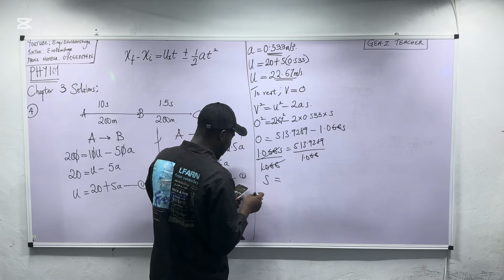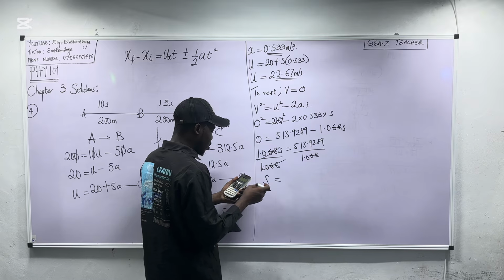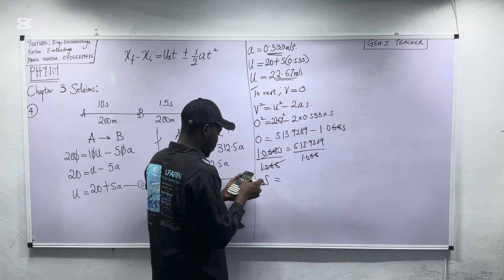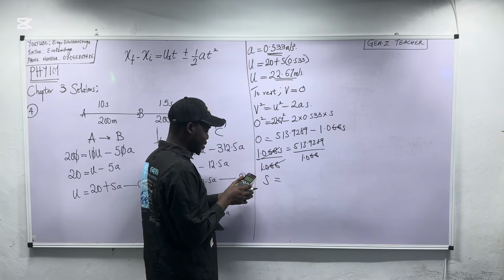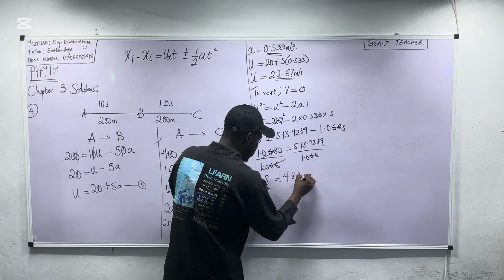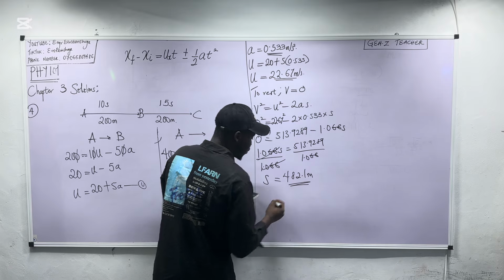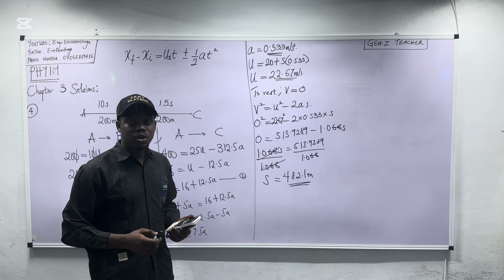The total distance traveled should become 513.9289 divided by 1.066, which is 482.1 meters. So this is the total distance traveled by the object.